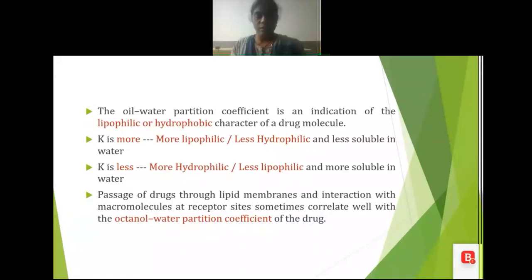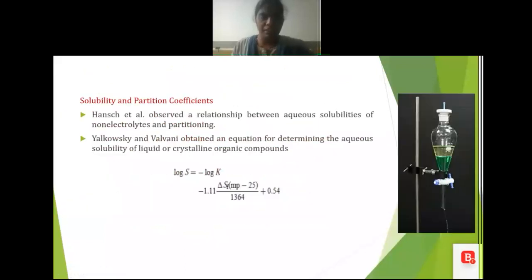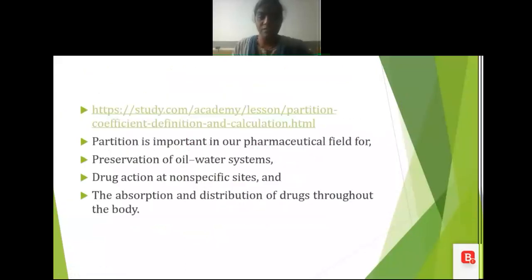Okay, this is what partition coefficient is, how to express it, how to know it, and what the application of partition coefficient is from our pharmaceutical perspective. If the partition coefficient of the drug is more, what will happen? The drug will be distributed in the body and be more located in the lipid tissues.